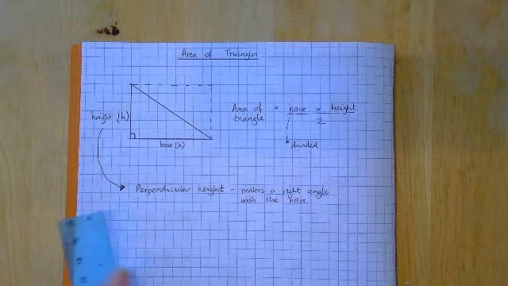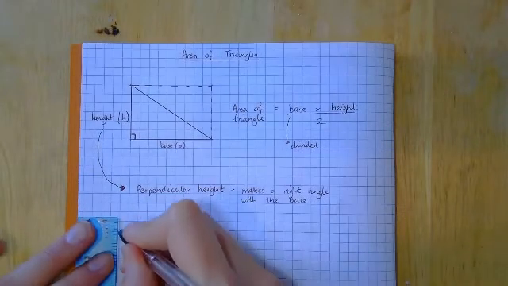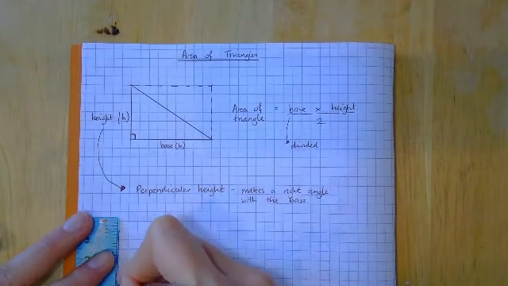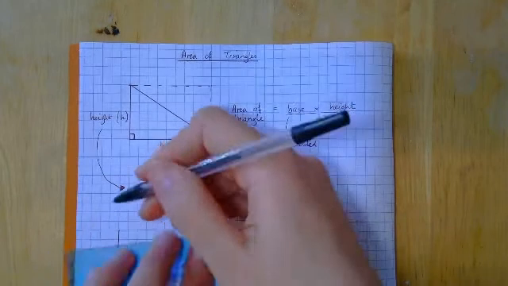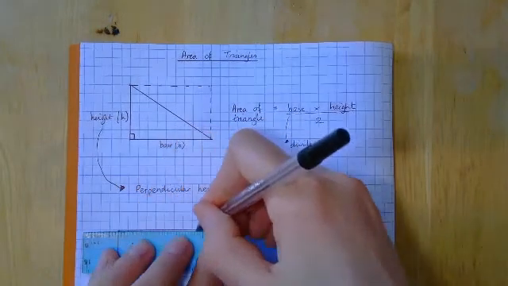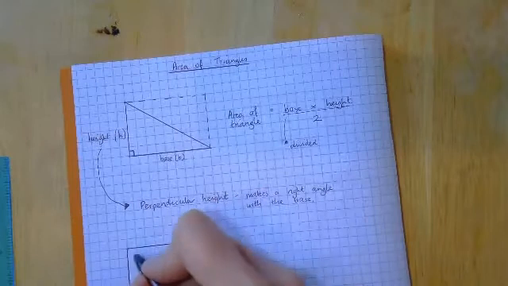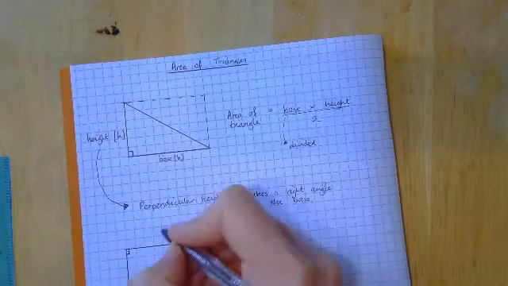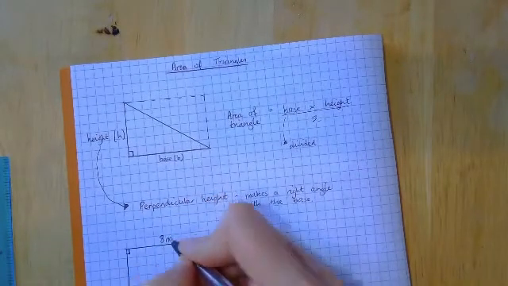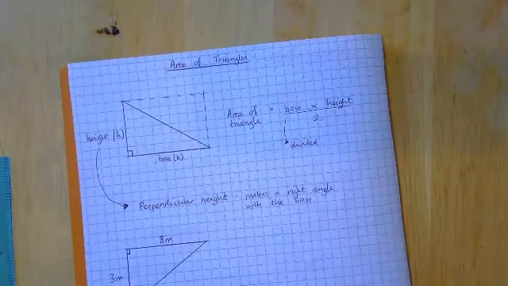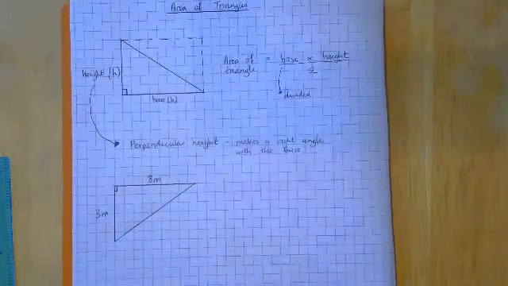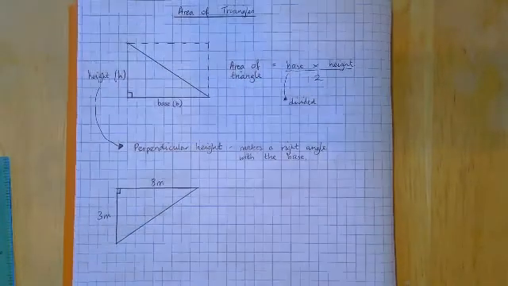Okay, so let's have a look at an example of a couple of triangles. Again, I would be making some lovely notes about this. So let's have a look at this triangle. I'm going to put my right angle there, and I'm going to say that that's 8 meters and 3 meters. You're probably thinking, oh, it's the other way up.